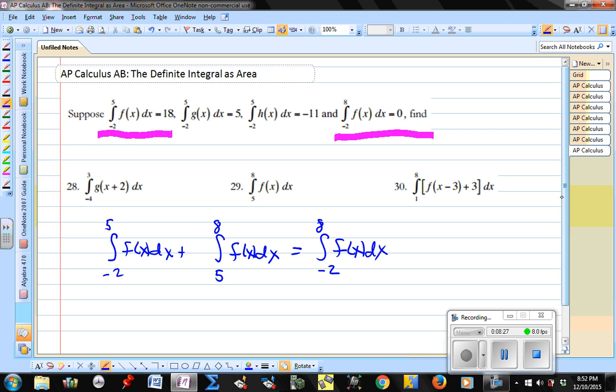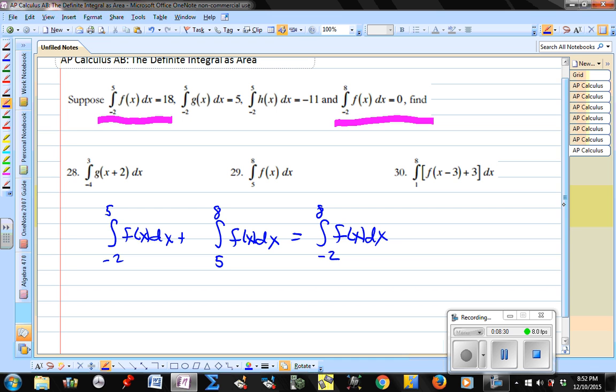Now we have values for 2 of these integrals, and we need to solve for the third. You can see here, when we integrate f from negative 2 to 5, we get 18. We don't know what the integral from 5 to 8 is. That's the unknown.